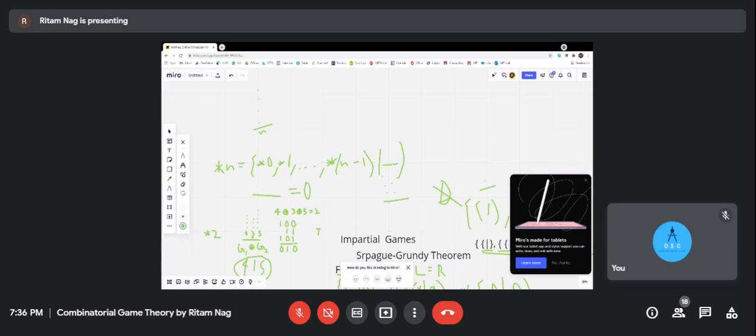No, a Nim game with a single pile with n stones. So you have to prove that it's essentially the same thing if it's inductively defined as I have written. The right hand side has the exact same thing as the left hand side. Is this obvious? Yes, this should be obvious now.